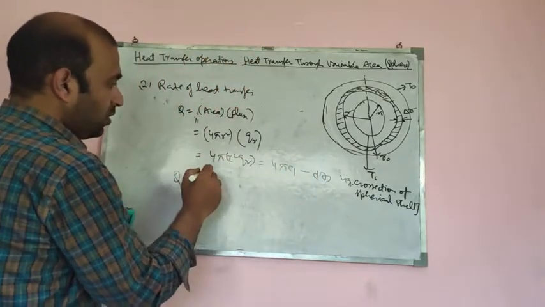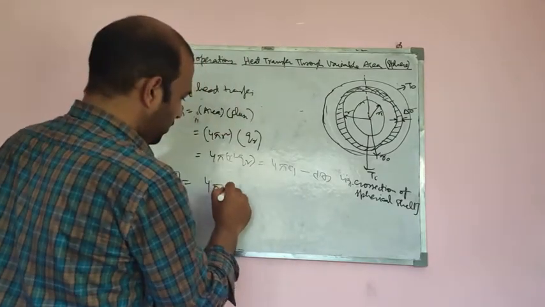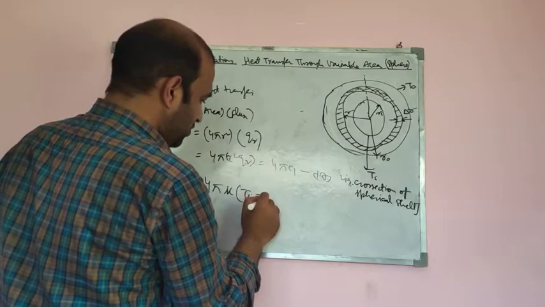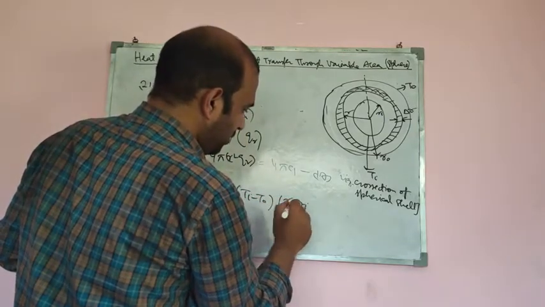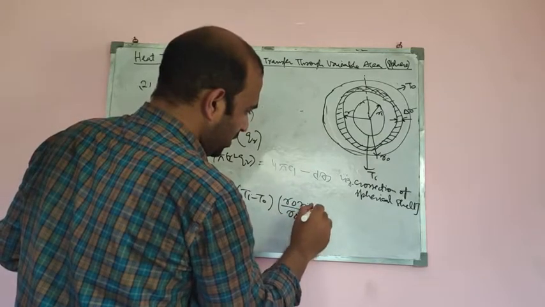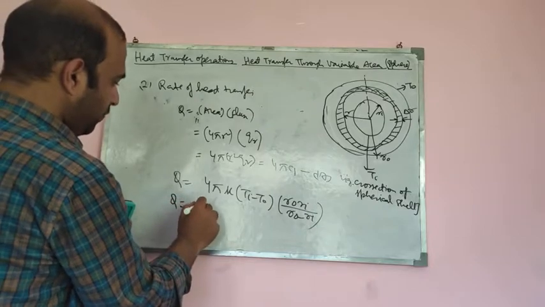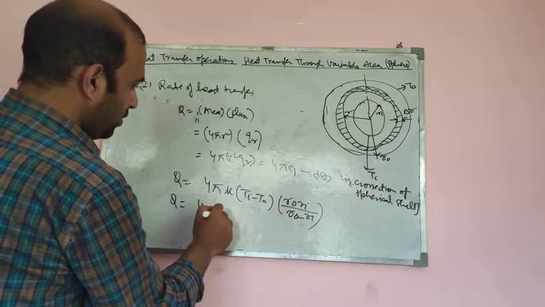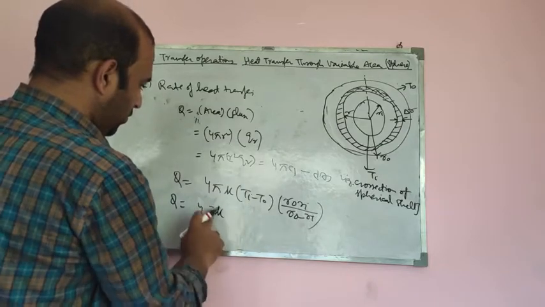So Q, now 4 pi. Now you have already the value of C1. So you can write K Ti minus T naught R naught Ri divided by R naught minus Ri. So here you can write Q is equal to 4 pi K, or you can write it like this.